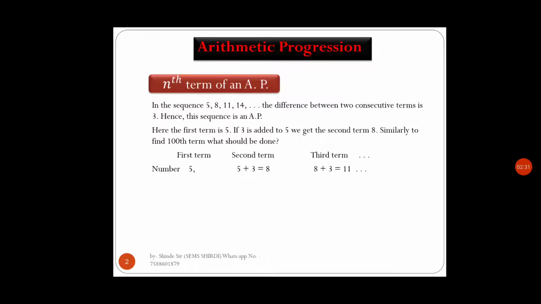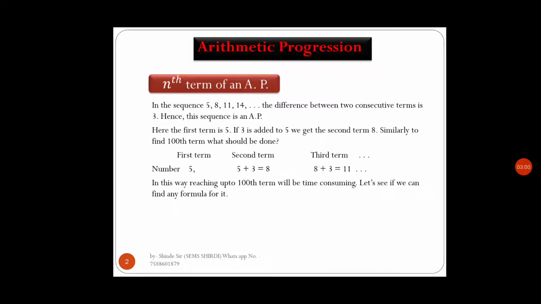Like this we get the 10th term. Reaching up to the 10th term will be time consuming. Let us see if we can find any formula for it. To find the 100th term of the given sequence, we add 3 to the previous term, we get the next term.